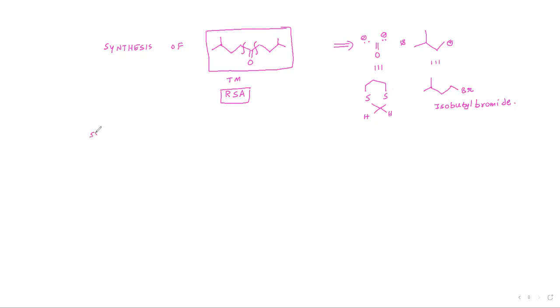So the synthesis is like this. This is dithiane. The proton is weakly acidic. This is the weakly acidic proton. And then that weakly acidic proton is abstracted by treating with n-butyl lithium.